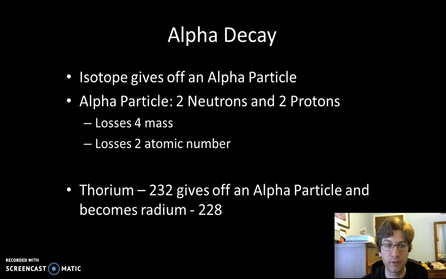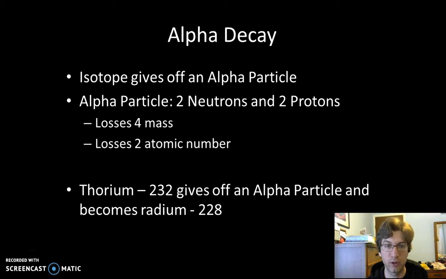So for example, if I have thorium-232, this is a thorium isotope with a mass of 232. It's going to go through alpha decay. Again, this happens spontaneously, just because thorium-232 is an unstable isotope of thorium. It's going to give off an alpha particle, losing 2 neutrons and 2 protons.